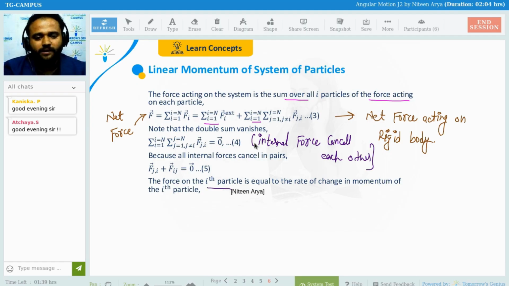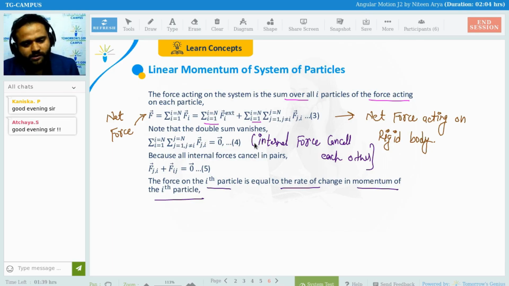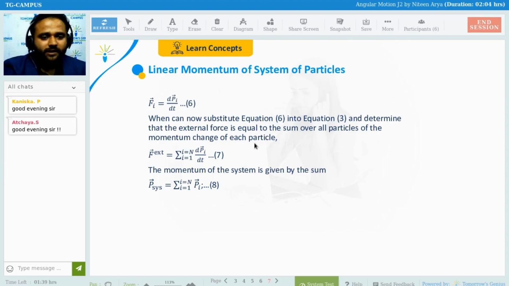The force on the ith particle is equal to the rate of change of momentum of the ith particle. Fair enough, because we learned this from Newton's second law: any particular force is the rate of change of momentum. Simply. Clear? So then Fi is dpi by dt. Okay. Simple thing.